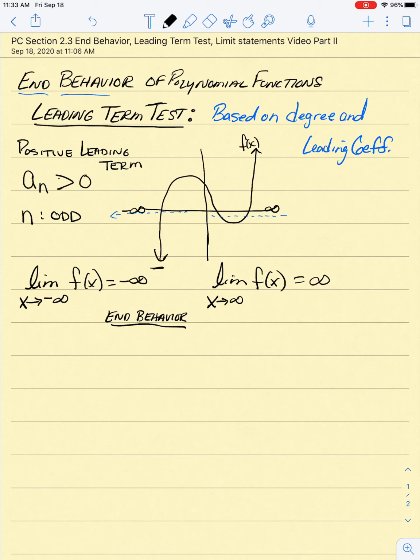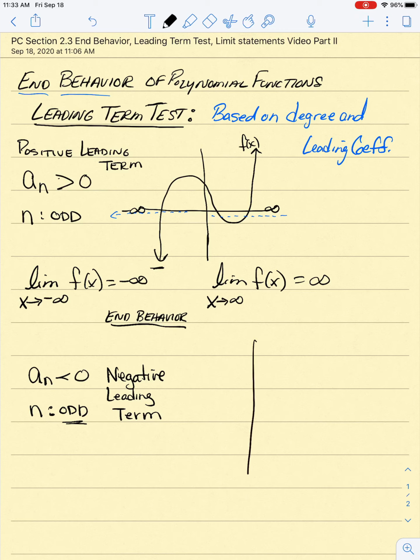All right, so let's try this again. Let's suppose this time I have an a sub n which is less than 0. And let's stay odd. Let's say n is still odd degree. So this time we have a negative leading term, and our degree is odd.